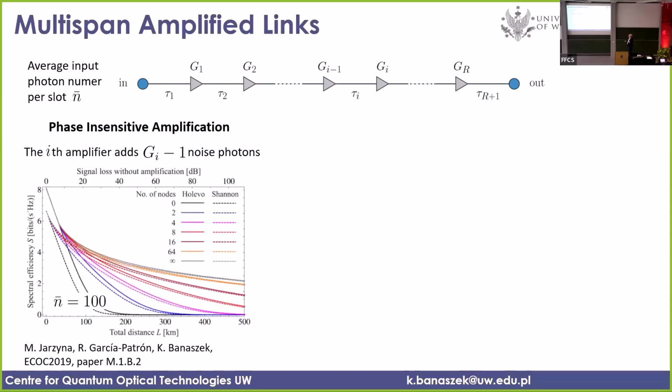So in this case, the standard that is being used all the time is erbium-doped fiber amplifiers. Let's assume that they operate at the quantum limit, which means that an amplifier with a power gain G has to add at least G minus 1 noise photons per channel use. One question one may ask is whether it makes sense to use this kind of amplifiers, or maybe get rid of them altogether and use this fantastic quantum receiver at the end of our channel.